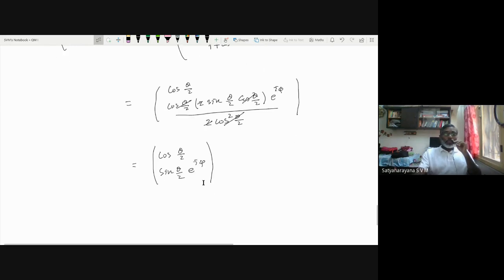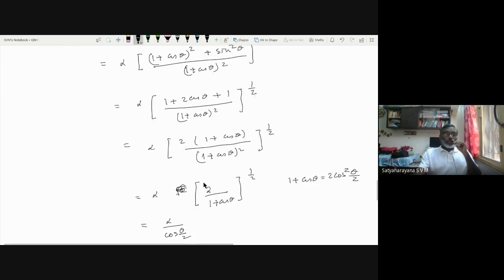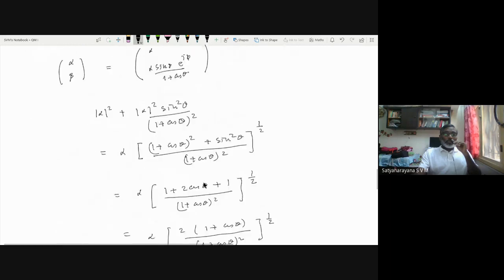Okay, so this is the eigenvector corresponding to what? Corresponding to this up n, that is plus minus 1.